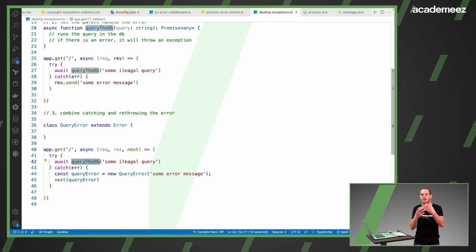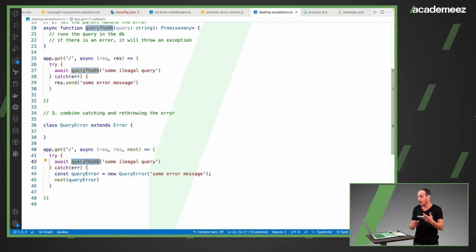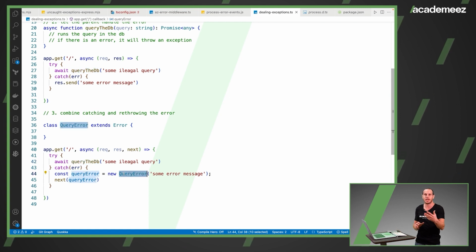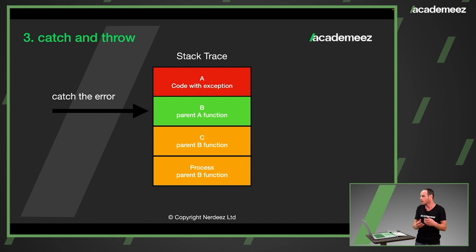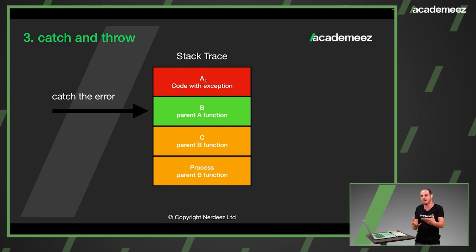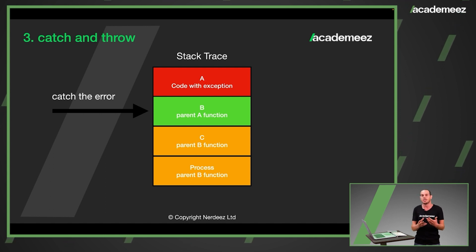I'm catching it and then passing along to one of the parents, but I'm passing a different exception of the type of the generic exception that I do have implementation for. So in that case, I can enjoy catching the error and also enjoy my generic error middlewares. So in that case, I am catching the error in A, but I'm throwing a different error because I have some kind of generic implementation in Express error middleware. So this is the catch and throw, a combination of 1 and 2.